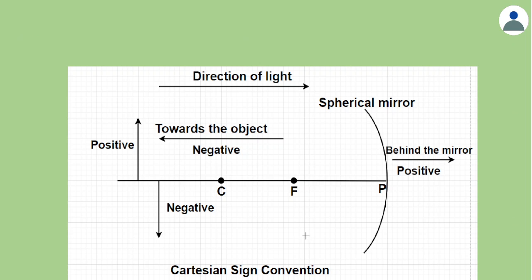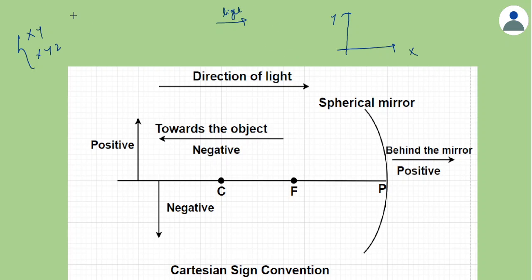To make it simpler to understand, we can think of the convention in the form of an XY system. XYZ or XY is called the Cartesian coordinate system. We saw in the previous slide that light was moving from left to right like this.